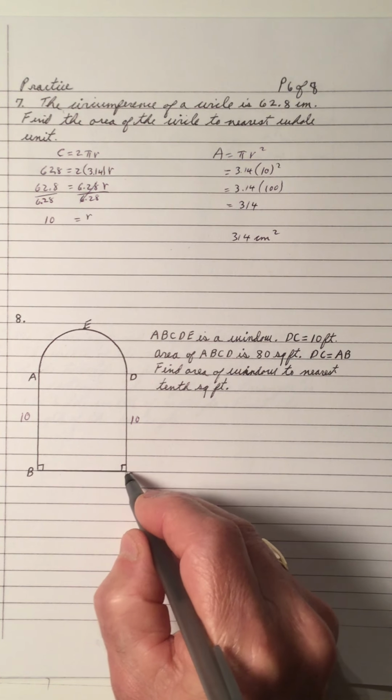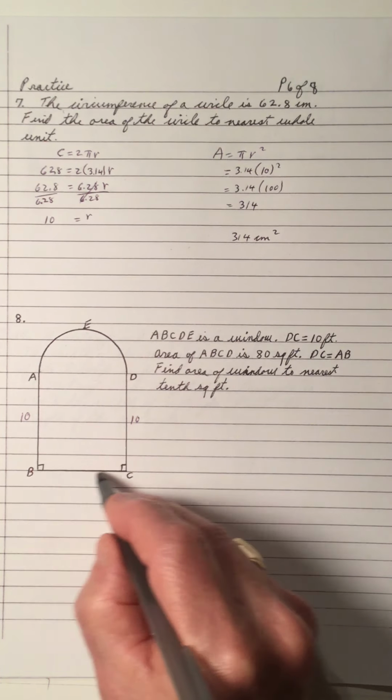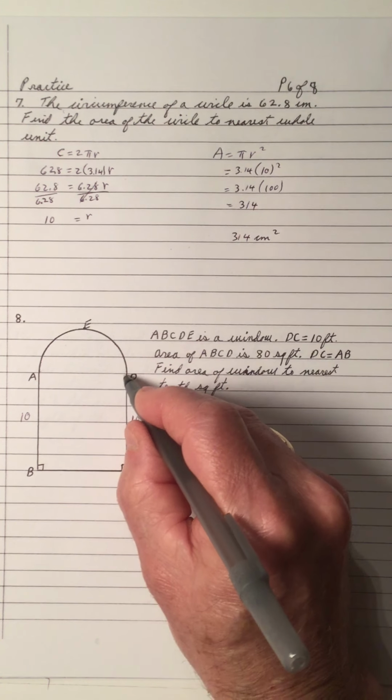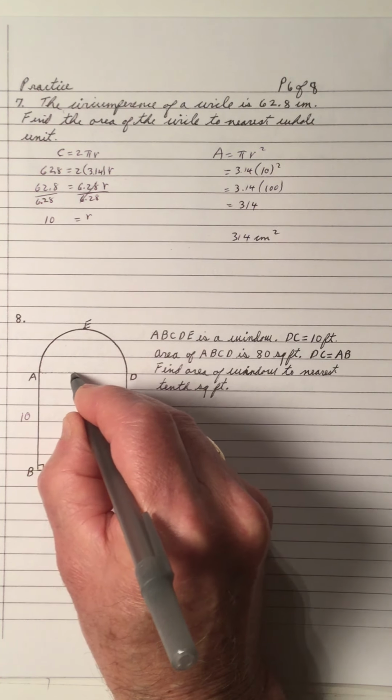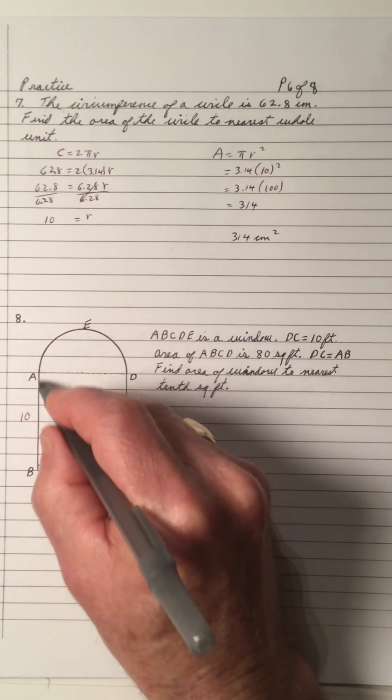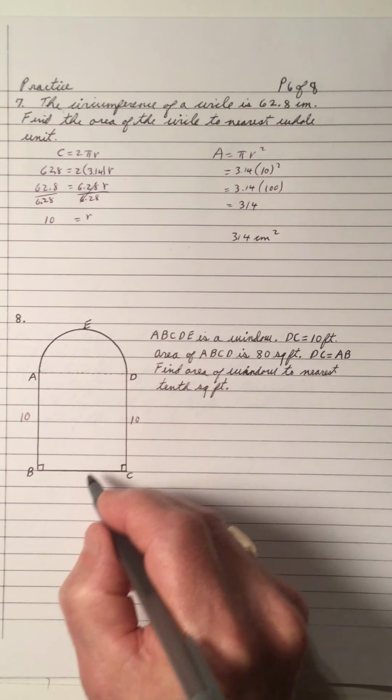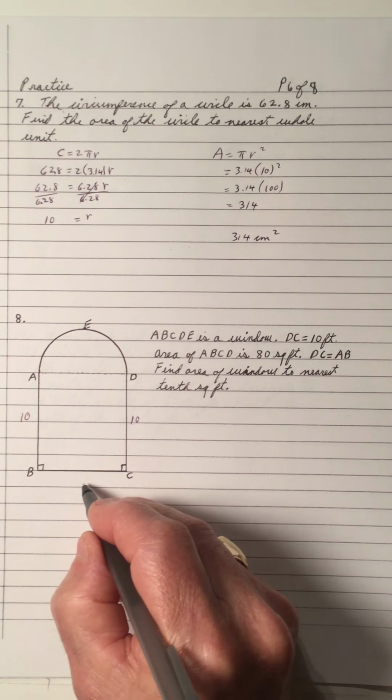Well, it looks like we have two right angles. These are both the same height, so we put a dotted line across there. That means these two perpendicular distances are the same. So whatever this length is, this length will be the same.